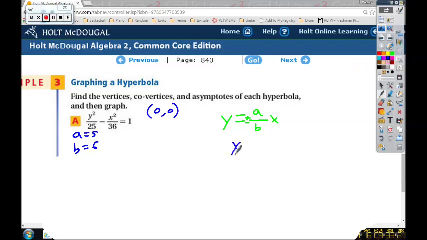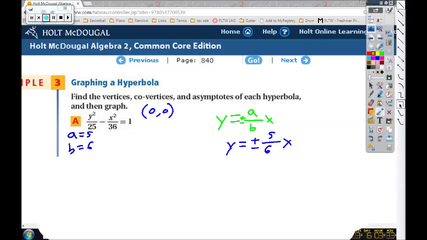That means I have y equals plus or minus 5 over 6 times x.